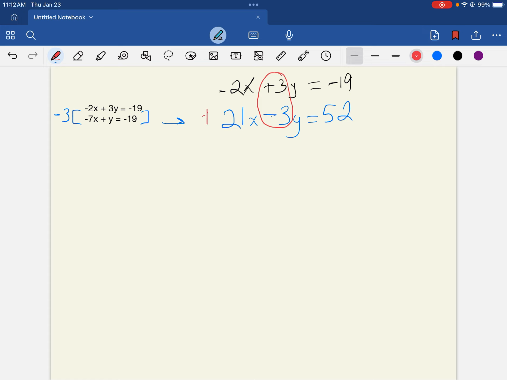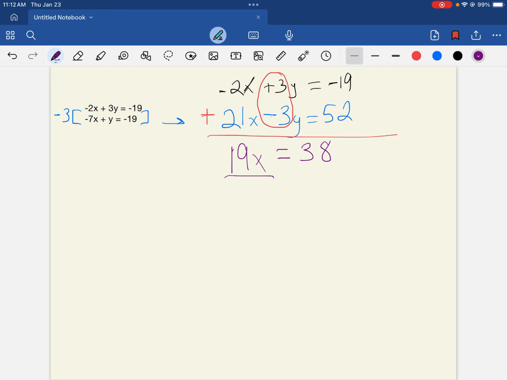So I'm going to add these two equations together, top to bottom. When I do that, -2x plus 21x is 19x. 3y minus 3y is 0. And -19 plus 52 is going to be 38.